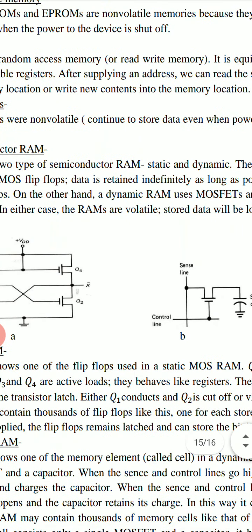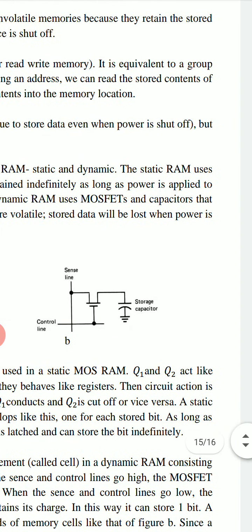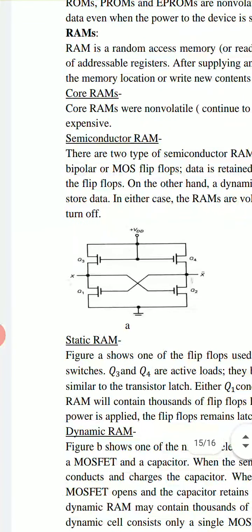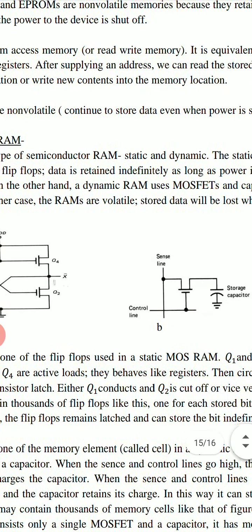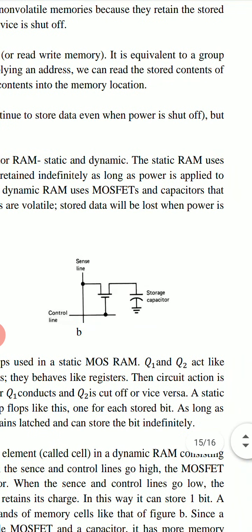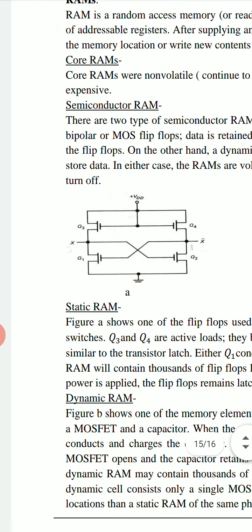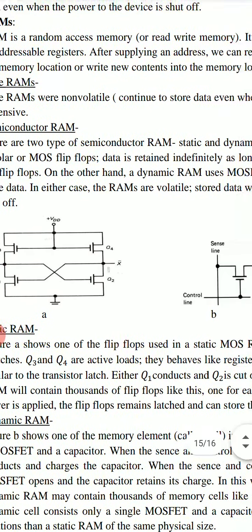Data is retained indefinitely as long as power is applied to the flip-flops. On the other hand, a dynamic RAM uses MOSFETs and capacitors that store data.